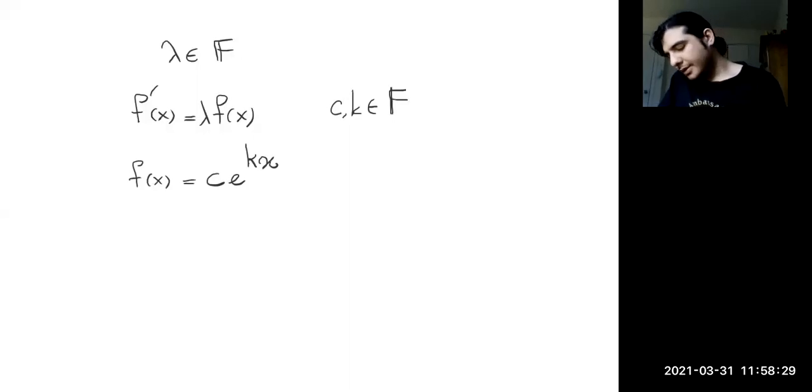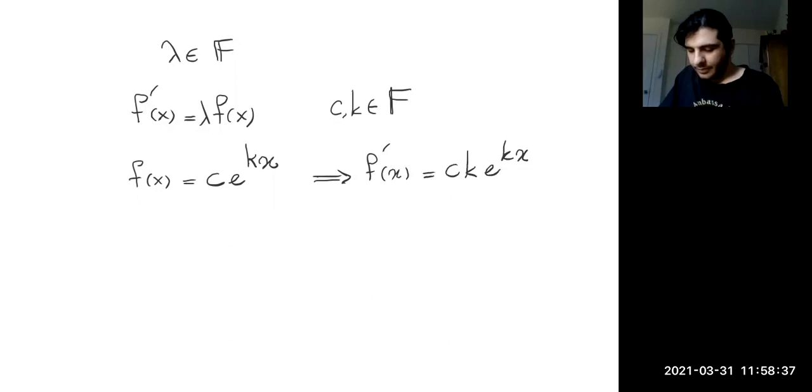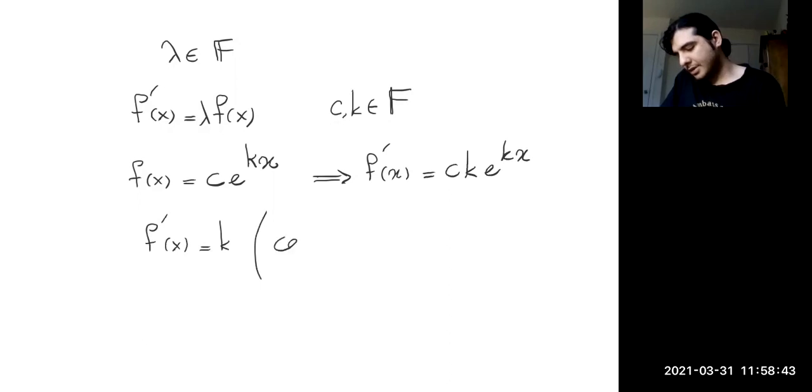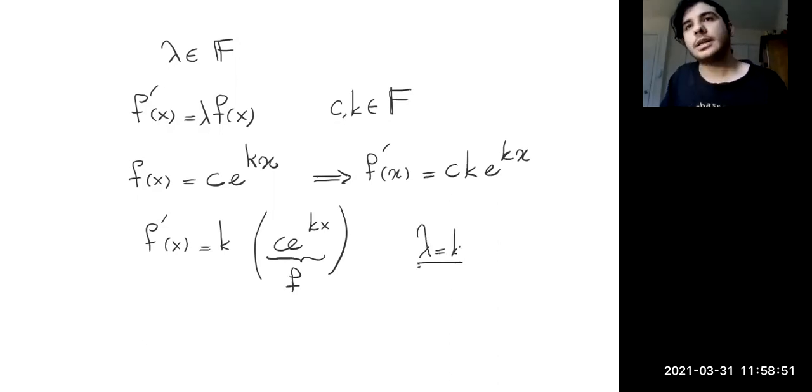Okay, let's take the derivative of f. So f prime of x is equal to c k e to the kx. So we can see f prime of x is equal to k times c times e to the kx. And this is the function f itself. So if lambda is equal to k, we would get an eigenvector. That is correct.